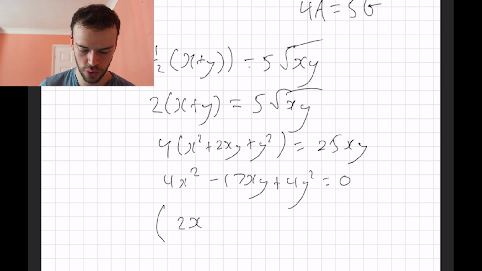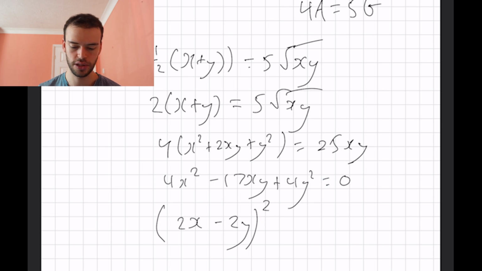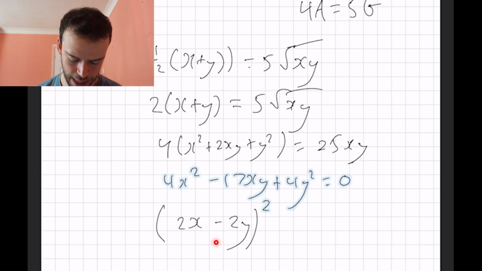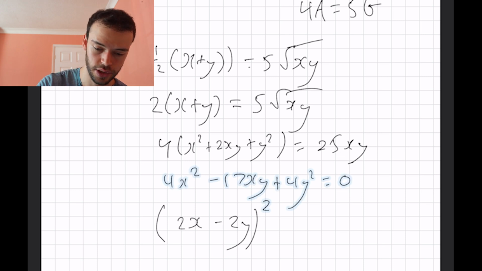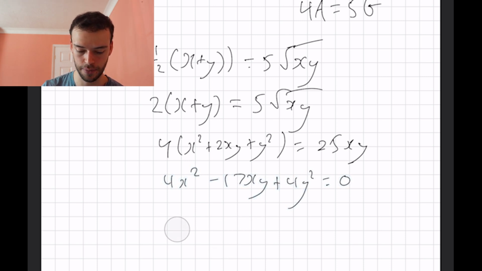What if we had 2x minus 2y and we squared that? Well, this would be good because we would get the 4x squared. We would also get the positive 4y squared. But for our xy term, what would we get there? We would get minus 8xy, which is not good for us. Okay, so it looks like we're not going to get a squared term.